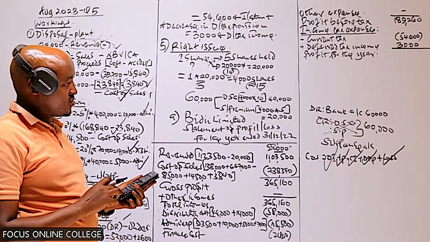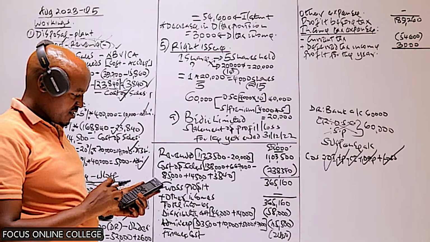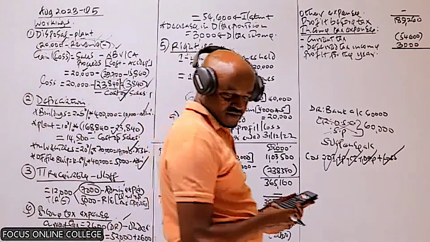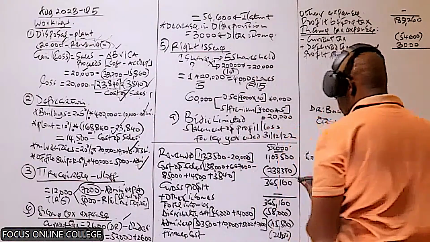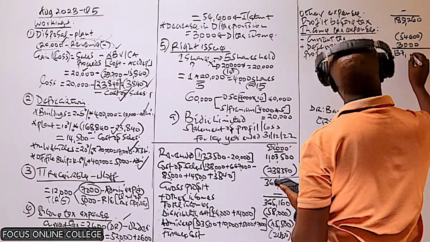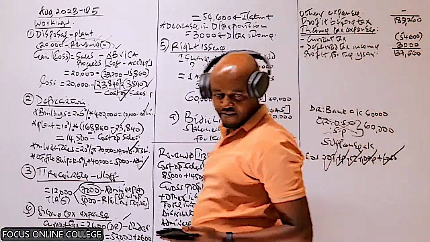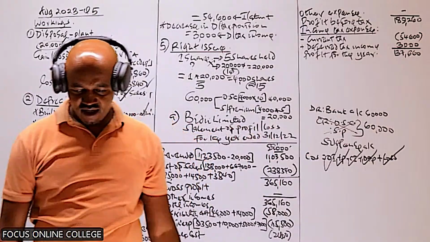That will be how much? Minus 54,600 plus 3,000. That is coming to 137,660. That is what I'm getting, yes.